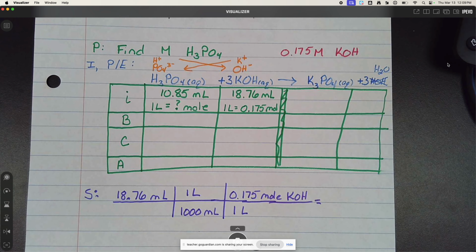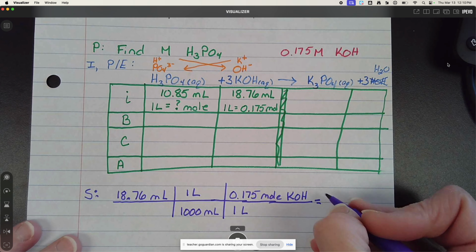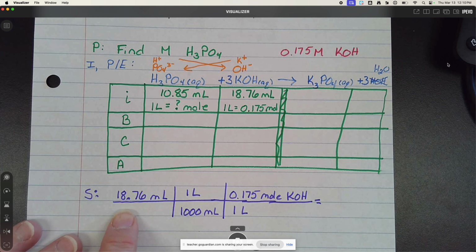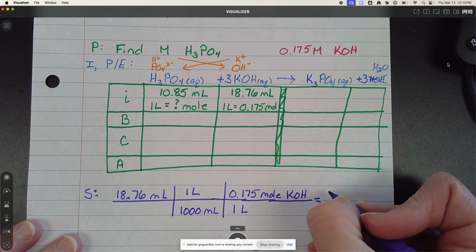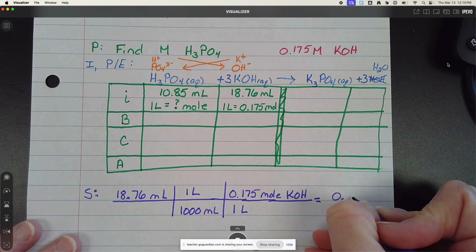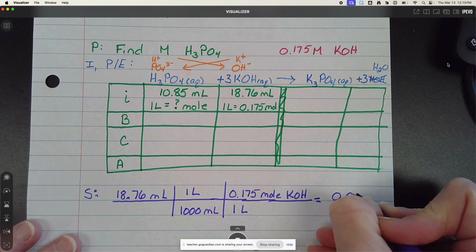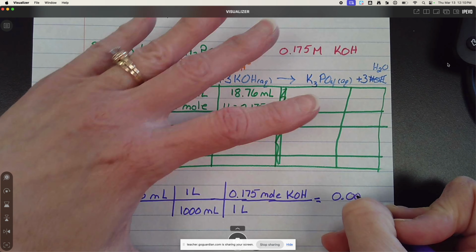So I can figure out how many moles of potassium hydroxide I used. 18.76 divided by 1,000 multiplied by 0.175. 4 significant figures, unlimited significant figures, 3 significant figures, I get to keep 3 in my answer. 0.00328.